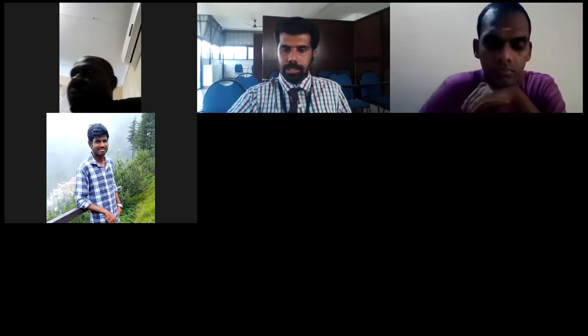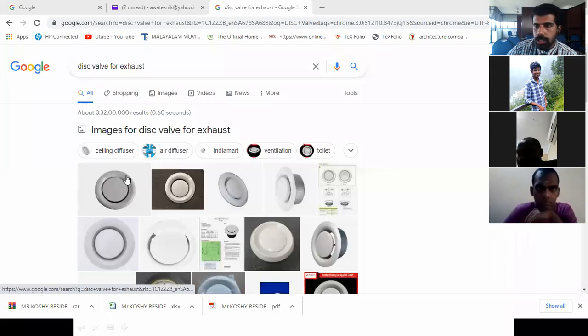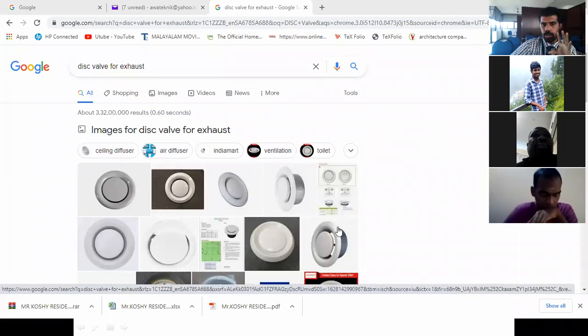Now I will share my screen. So you can see here, this is known as disc valve, a disc valve for exhaust. You can place this into the ceiling, the false ceiling. It has a spindle and it will suck the air.